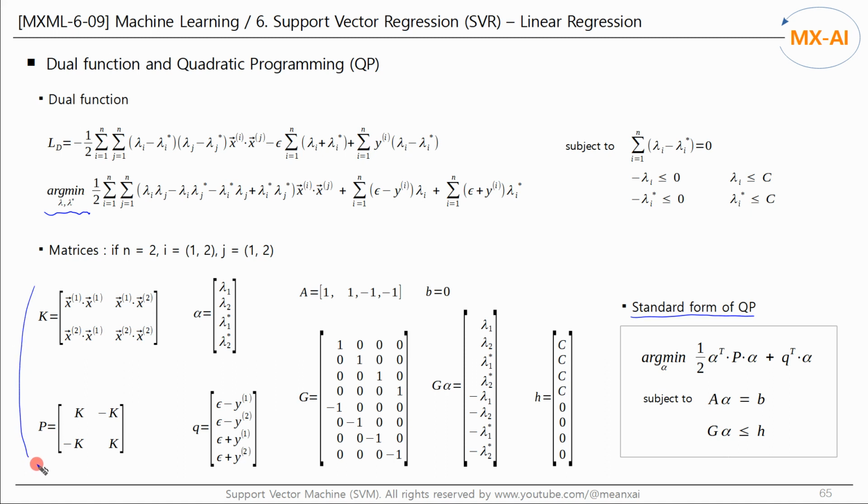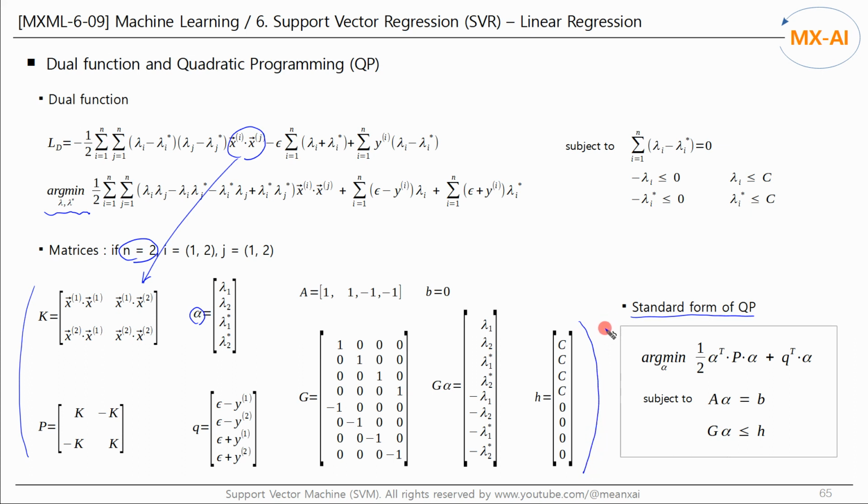The dot product of the data point i and j is defined by matrix K. And alpha is defined as the lambda matrix. This is an example where the number of data points is 2. And the remaining matrices are defined as follows.